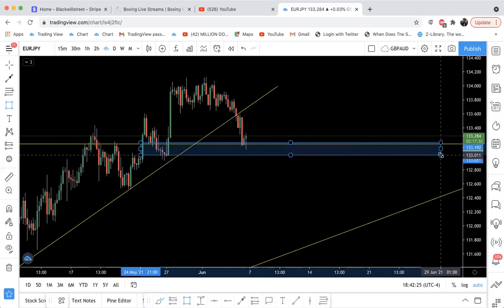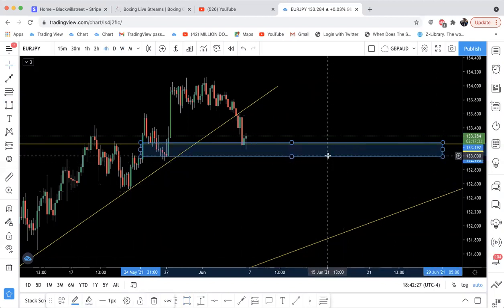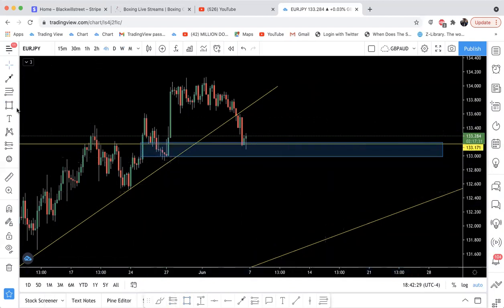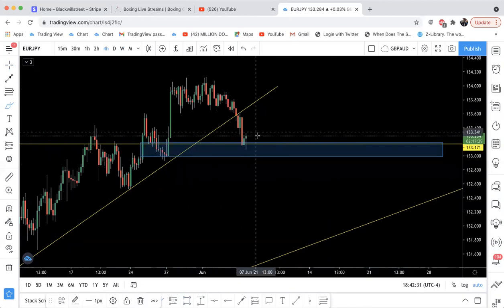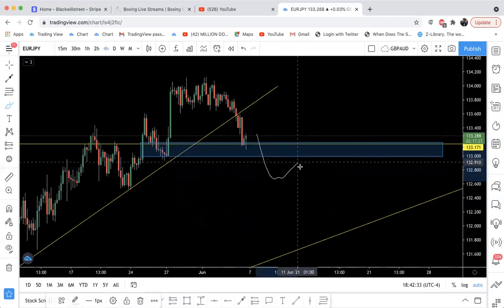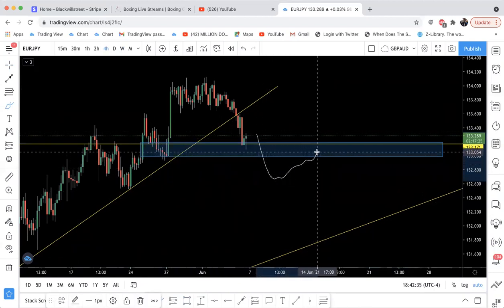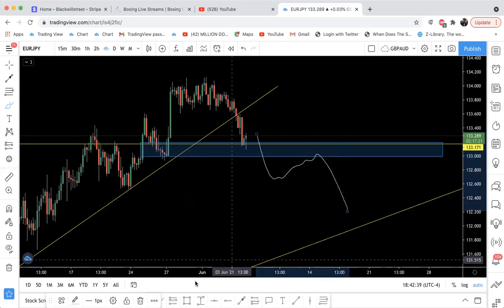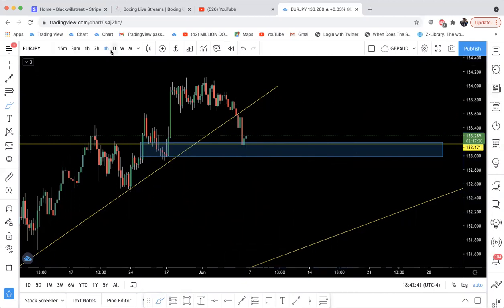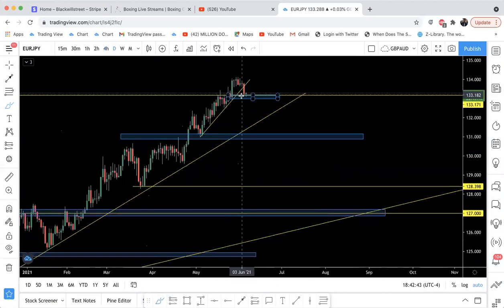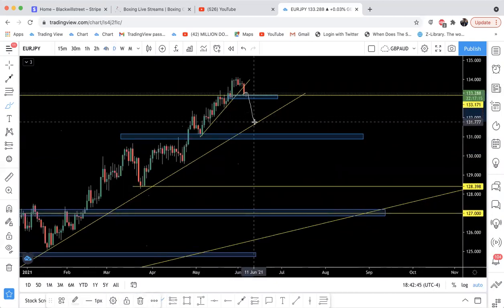So we could see some type of reversal. If price breaks this structure, I would look for my opportunities on a pullback or maybe even a retest of that higher low structure and look to take it down further. And maybe this could give us a bigger rollover down towards my daily trend line.